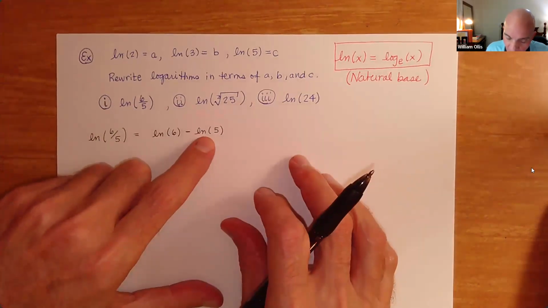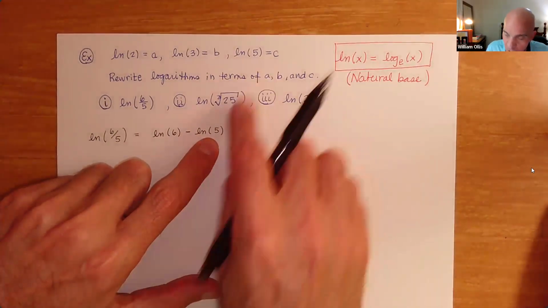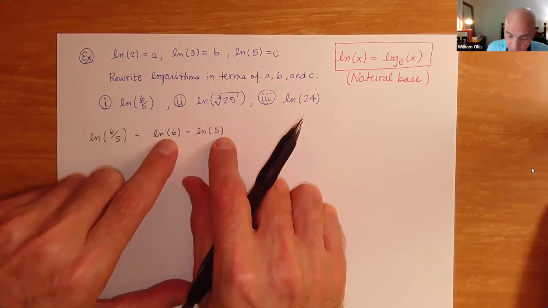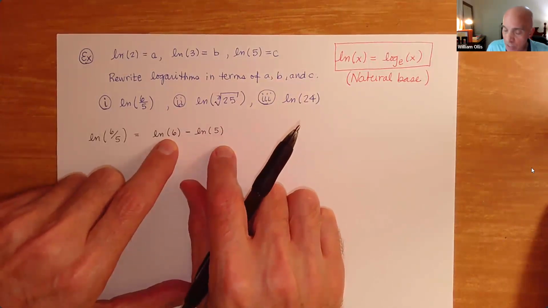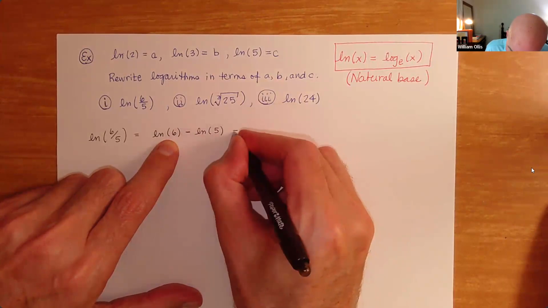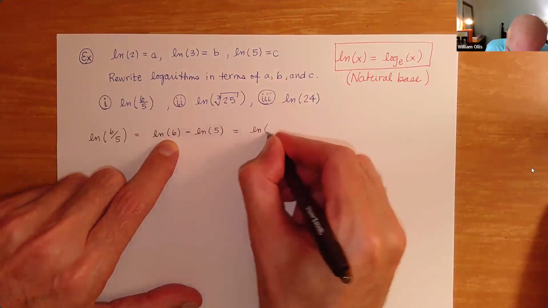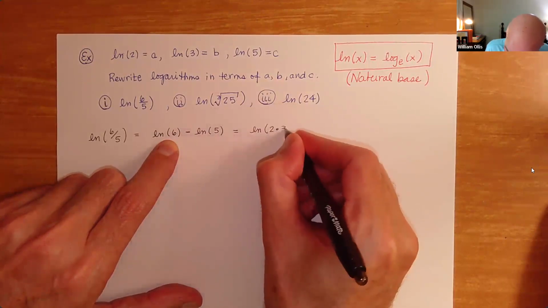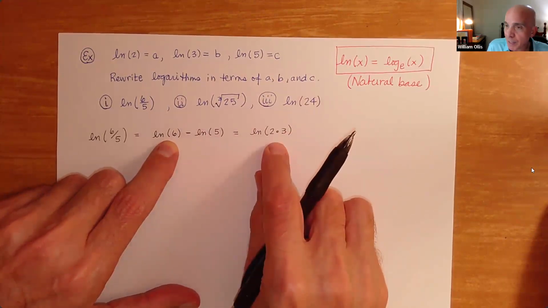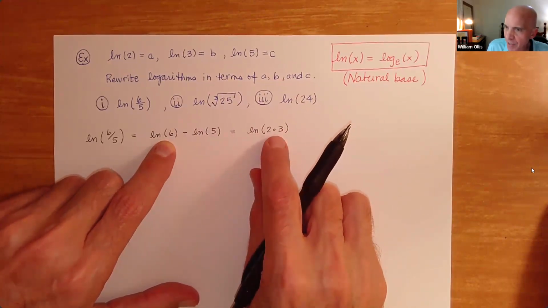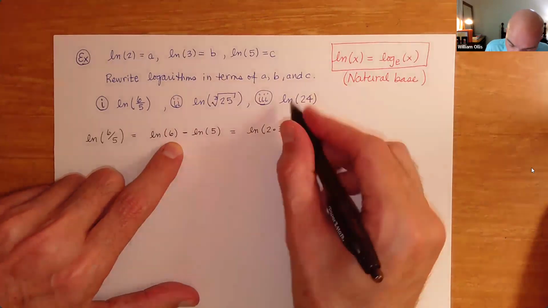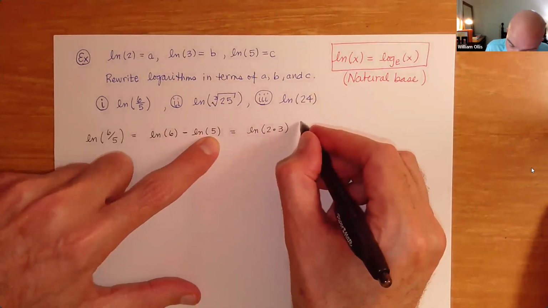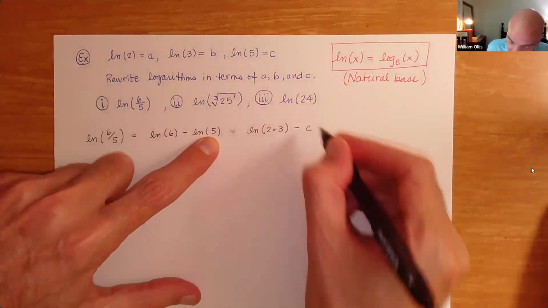Now, of course, the log 5 we know is c, so we're done with this, but now we can actually rewrite 6 as 2 times 3. So we'll have the natural log of 2, and I'll just use a dot there to emphasize the multiplication. It's not necessary, but I think it helps in the understanding. And of course, the log of 5 we'll just write as the c.